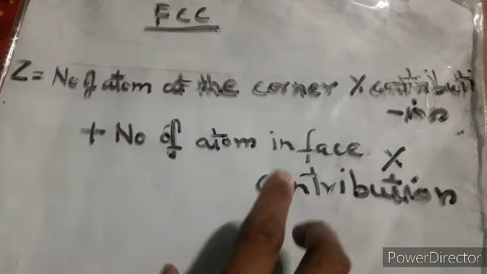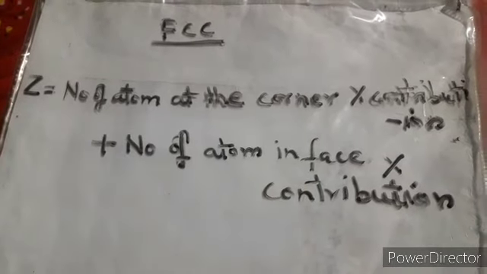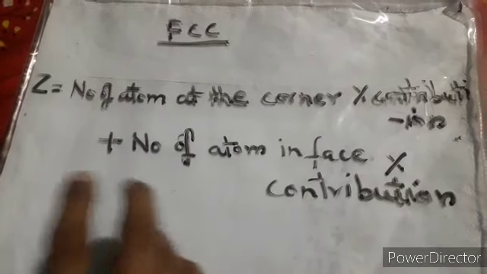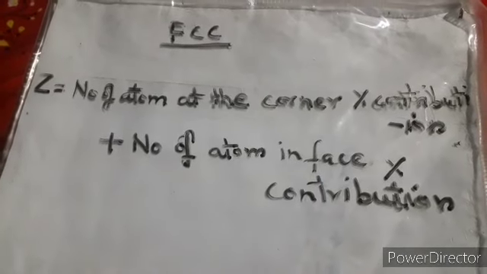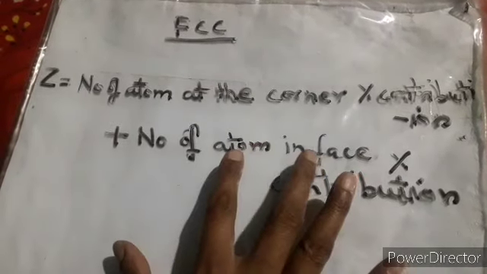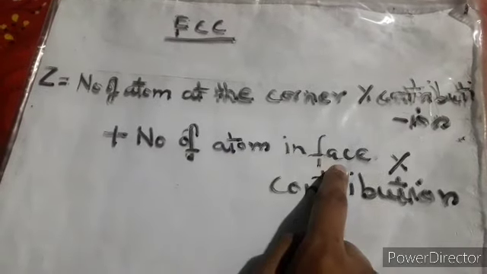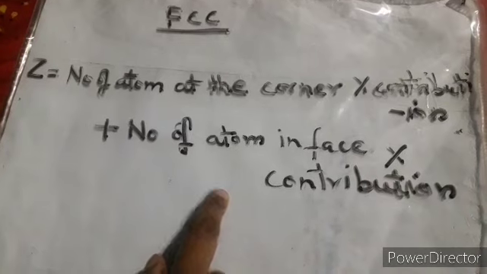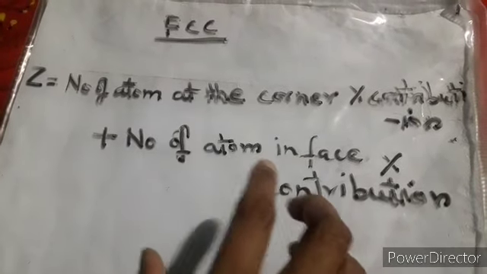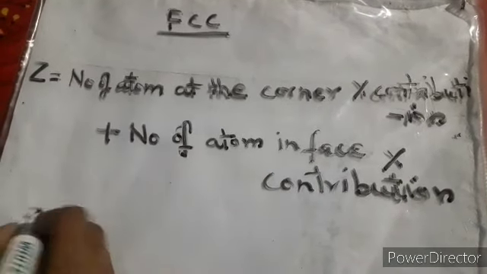Now face, I have already mentioned with the help of an example where you are keeping it, but again these particular unit cells are always combined together. So the atoms which are present on the face are also shared by some other unit cells. So just see about it.